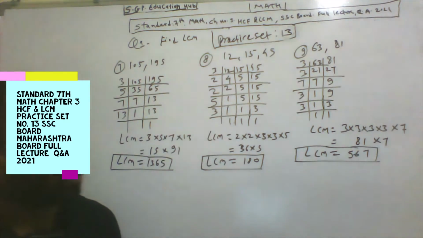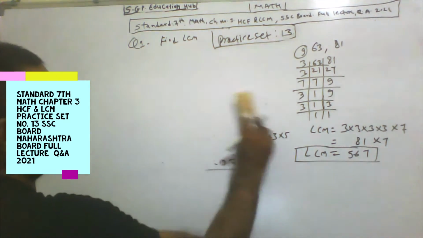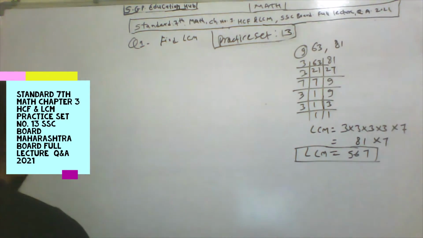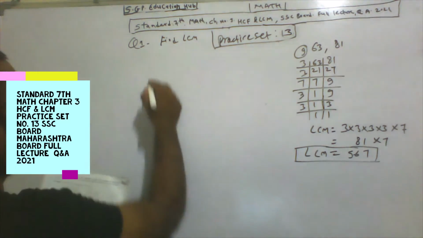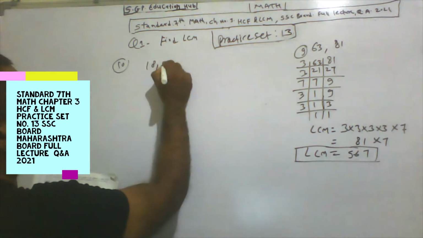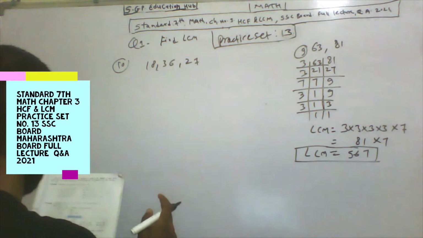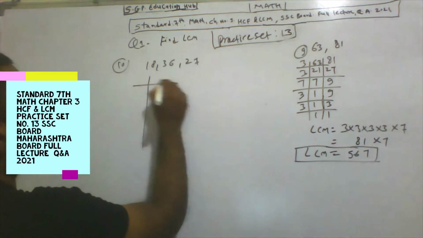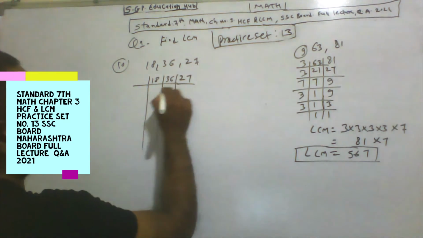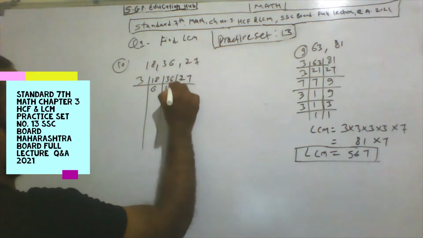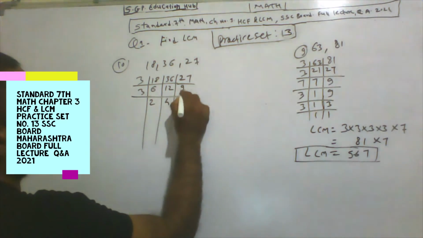Question number 10. We are going to solve the questions from question number 1 to question number 10. 18, 36 and 27. Okay, 18, 36, 27. 3 sixes are 18, 3 ones are 3, 3 twos are 6, 3 nines are 27. Again 3 threes are 9, 3 twos are 6, 3 fours are 12, 3 threes are 9.